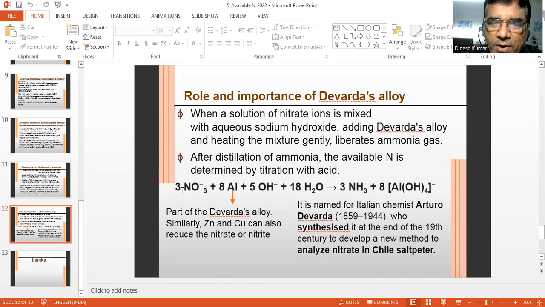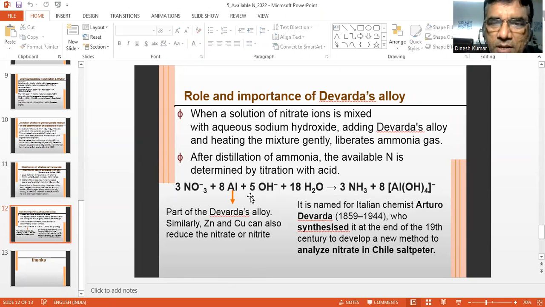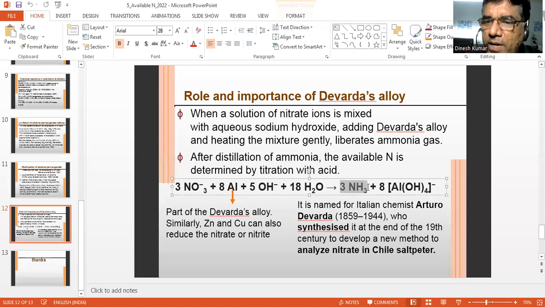Now you can see the formula, the reaction, how Devarda's alloy works. Three nitrate is there, aluminium is there in the Devarda's alloy, and then hydroxyl ions are also there. You know, NaOH was added, and water is also there. So this aluminium reduces the nitrate, and then this ammonia is liberated, and aluminium hydroxide is formed.